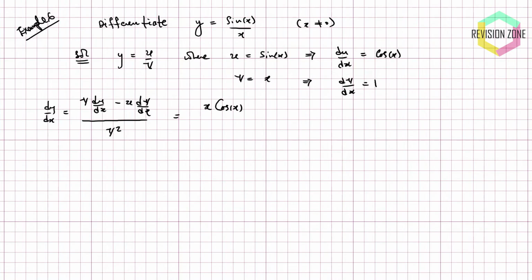Then the minus is just there, and the u is sine x, and dv by dx is just 1, so when I multiply sine x by 1, I just get sine x. Lastly, the denominator is v squared, which is just x squared. And here we have it.